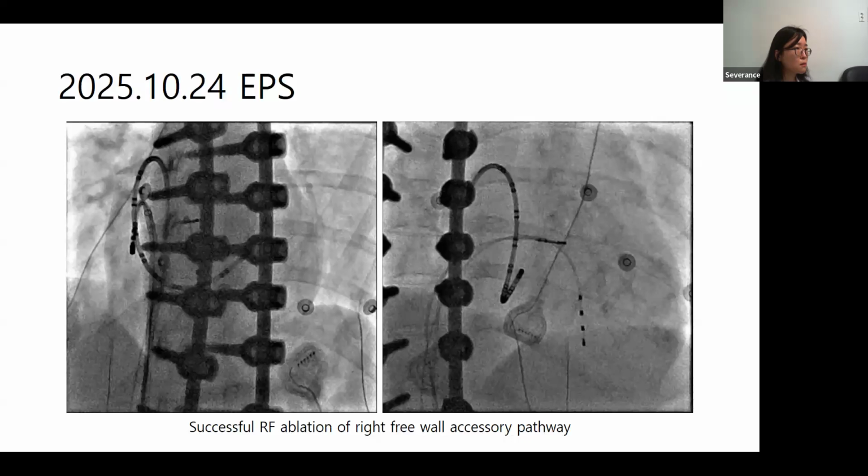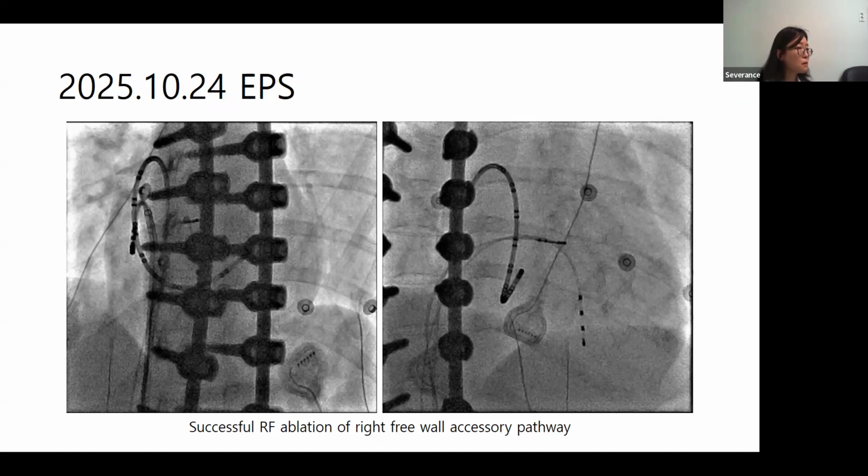It is because, unlike the left side bypass tract, the right side bypass tract doesn't have the leverage of long sheaths, so the catheter position is very unstable. And sometimes a moving catheter hits the AV node and causes block.